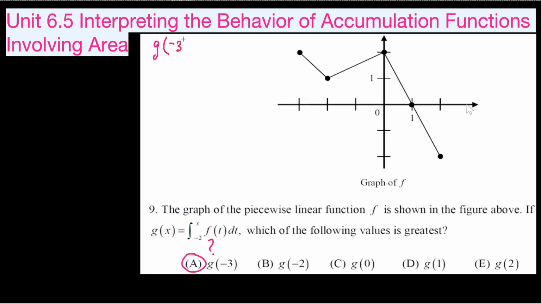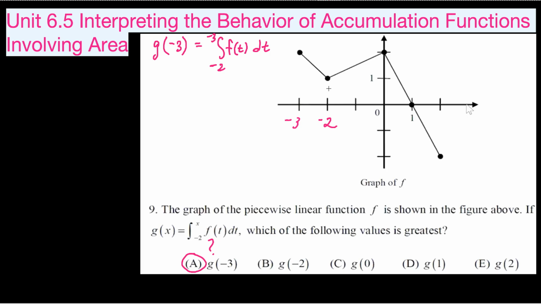G of negative 3 is equal to the integral from negative 2 to negative 3 of f of t dt. Now, if you look, here's negative 3, here's negative 2.